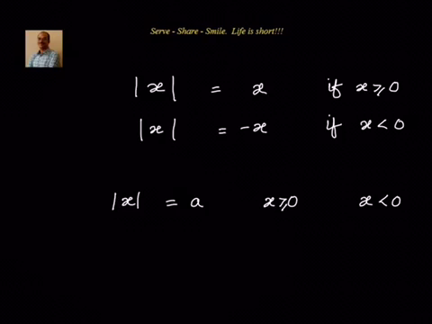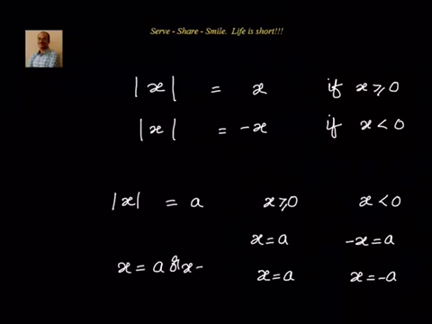So, we can write down then, in this case, x equal to a. When we go to the next case, we have x less than 0 here. That means if x is less than 0, modulus of x is given by minus x. So, I will write down minus x equal to a, which is nothing but x equal to minus a. So, if modulus of x equal to a, that means x equal to a or x equal to minus a.